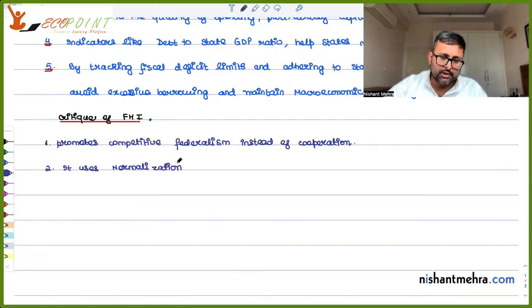It uses normalization over a 9-year period.